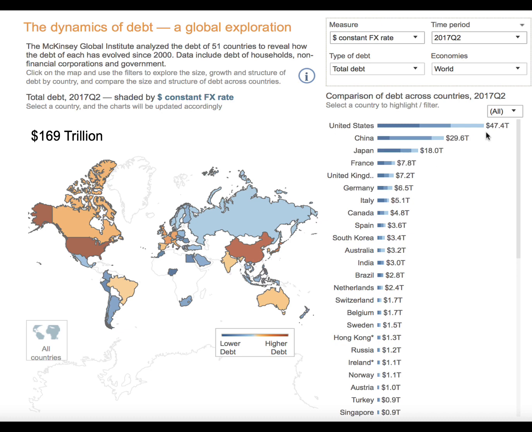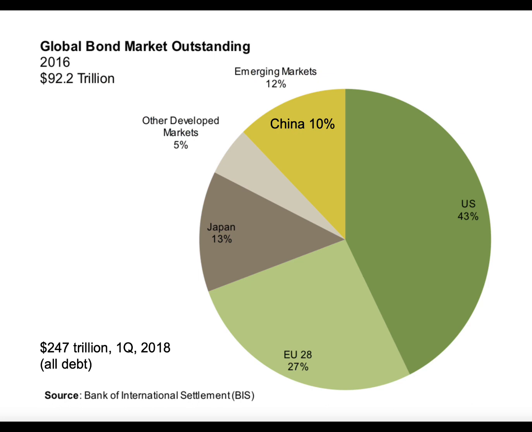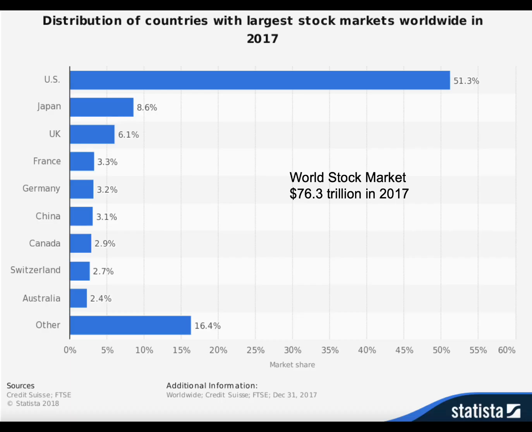The United States is the dominant participant in the debt market, followed by China, Japan, France, and so on. The global bond market in 2016, according to the Bank for International Settlements, again shows the large players: United States, European Union, China, Japan.